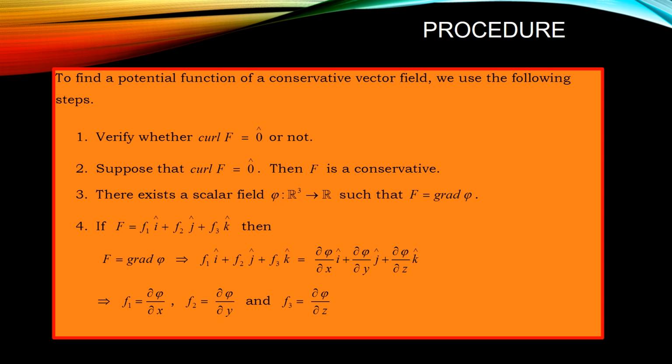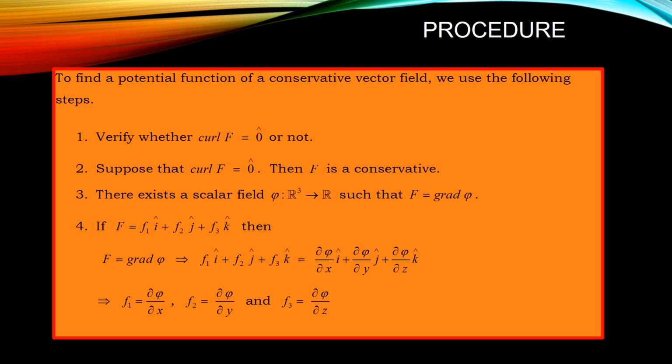First, let us consider a vector field F from R3 to R3. In the first step, we need to verify whether the given vector field is conservative or not. That means we verify that curl F equals 0 cap or not.